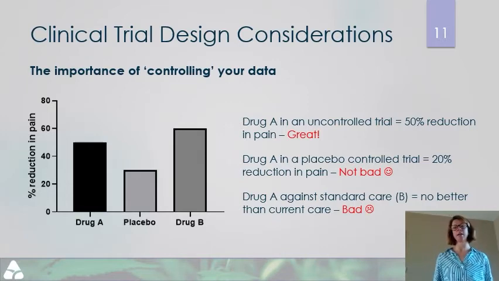So this is just to illustrate the importance of having control groups when you're studying a drug, because without a control group, in this instance, you think that drug A was a wonderful drug, but actually maybe it's not, or maybe we just need to learn more about it through more research.